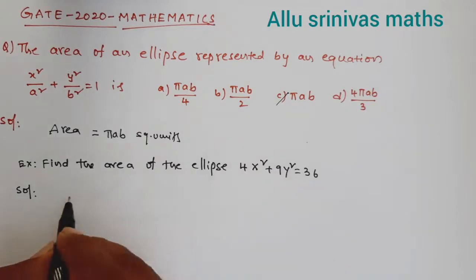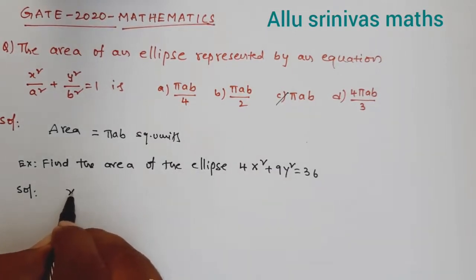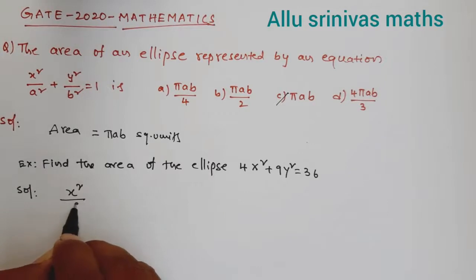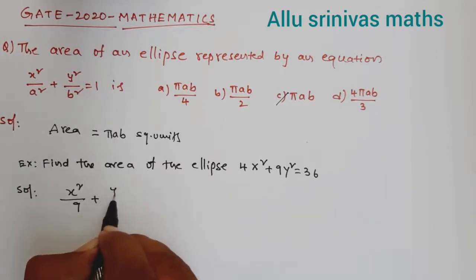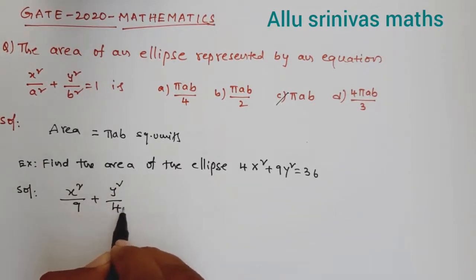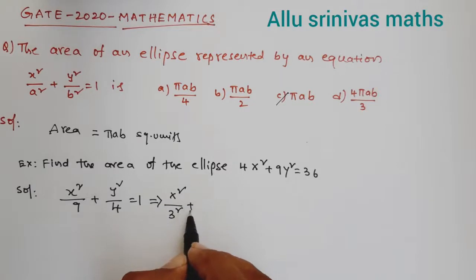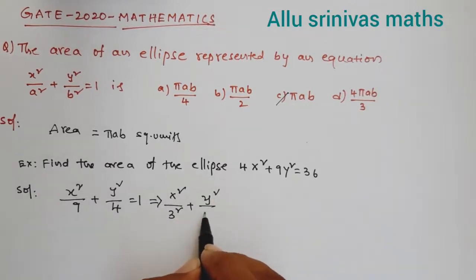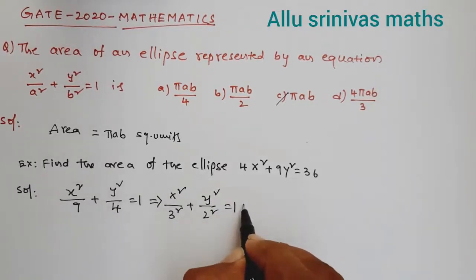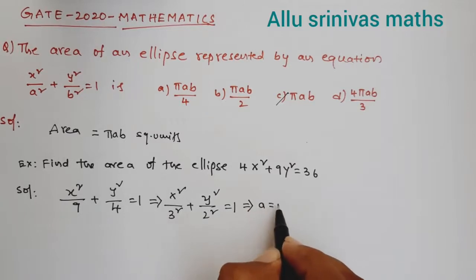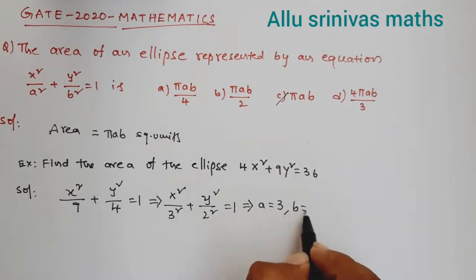Dividing both sides by 36, we get x squared by 9 plus y squared by 4 equal to 1. It can be written as 9 is 3 squared, 4 is 2 squared. Here a is 3 and b is 2.